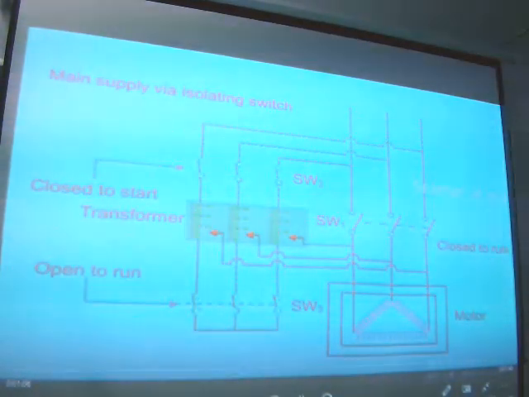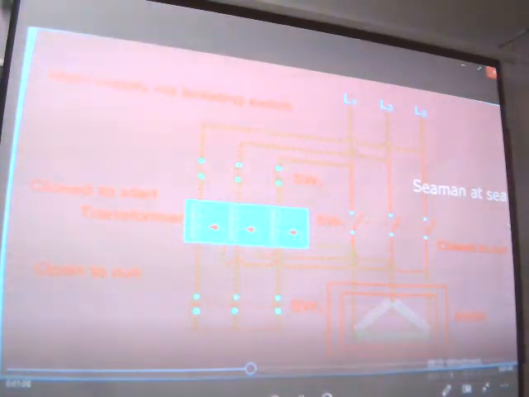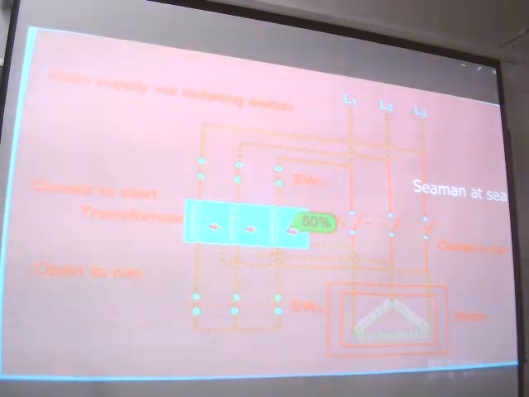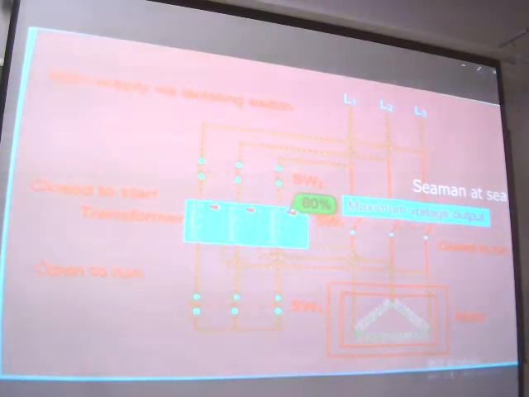As soon as the switches are closed, the auto transformer supplies 50% of the supply voltage. The voltage supplied to the motor from the auto transformer is increased from 50%, 65% and then to 80% of supply voltage by switching the tappings. When the maximum voltage output is obtained from the auto transformer, the motor is switched to direct voltage supply.